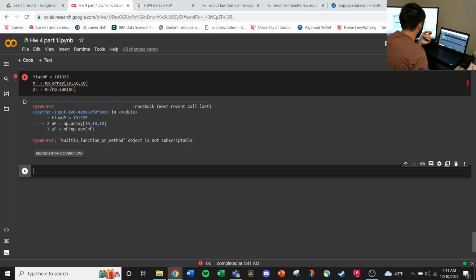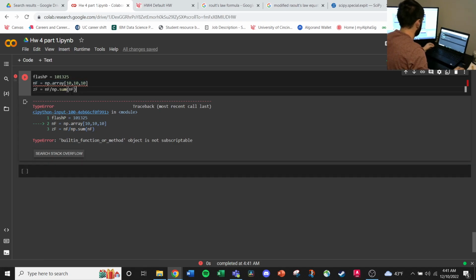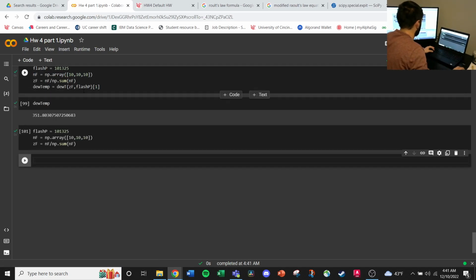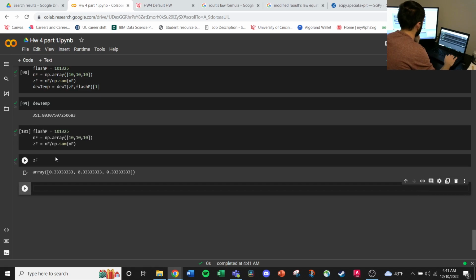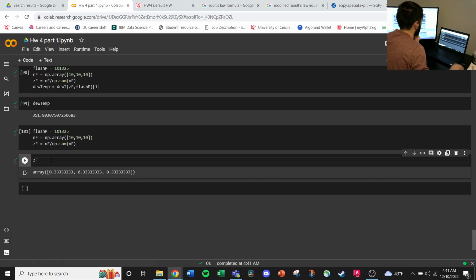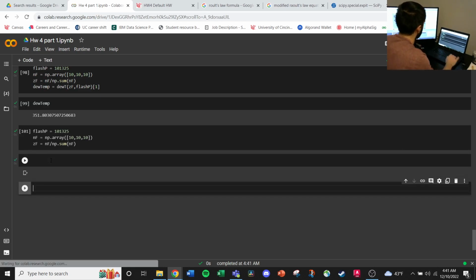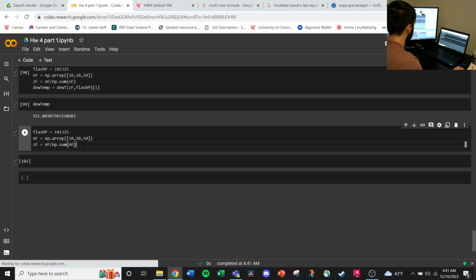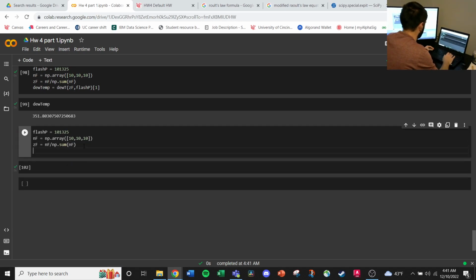I forgot to put parentheses on NP.array, it's a function. Alright, so there we go. So now if we take a look at our ZF, NF is pretty clear, it's just the array. ZF is an array of our components. So we got that down, now we can come back here as well.